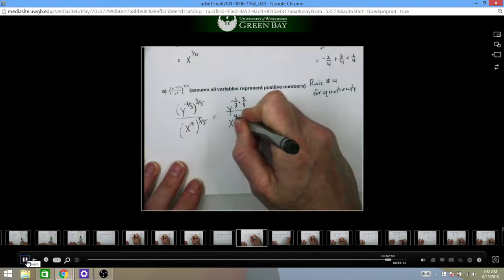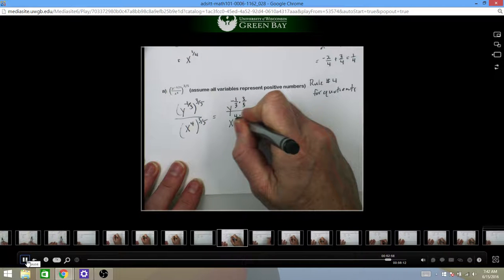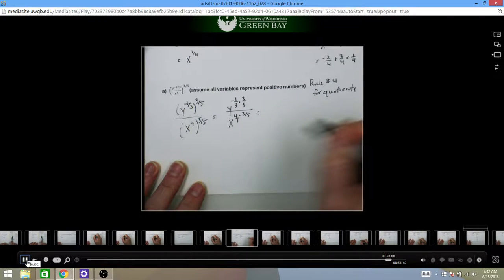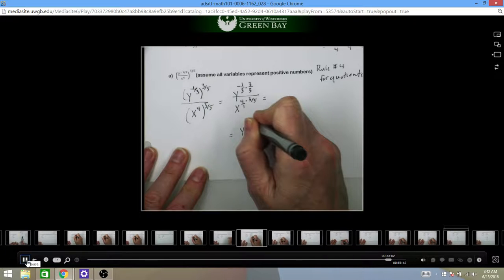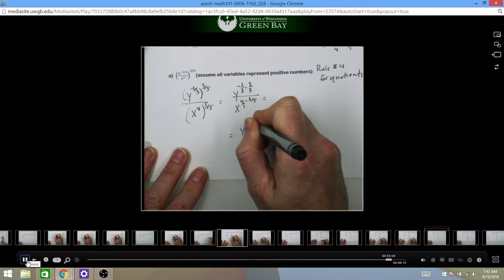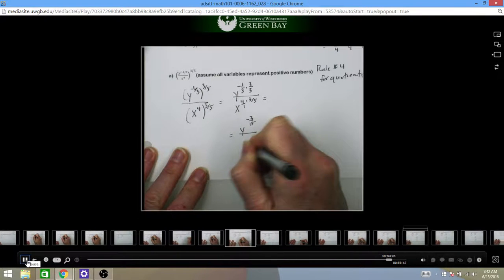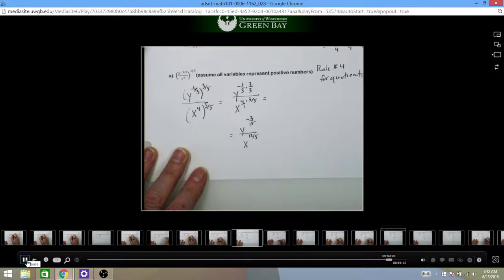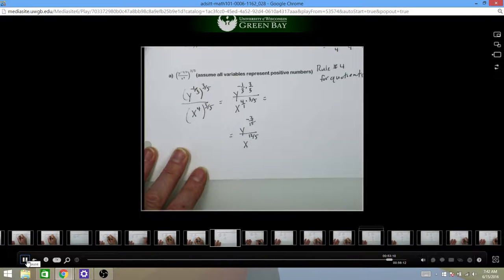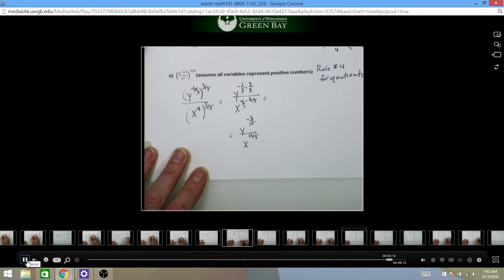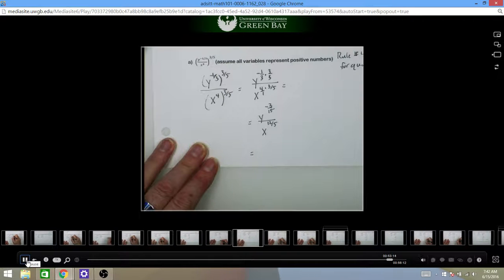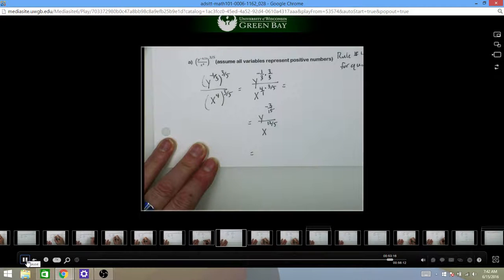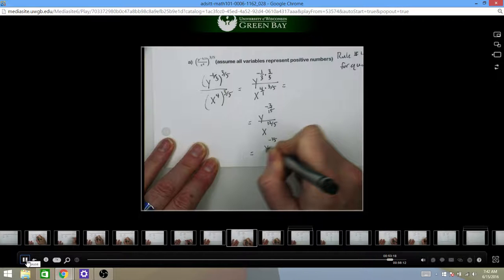So you can think of your 4 as a 4/1. So we get y to the negative 3/15, x to the 12/5. Negative 3/15 reduces. So we have y to the negative 1/5 over x to the 12/5.